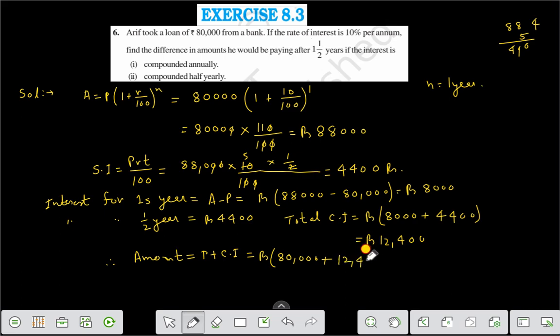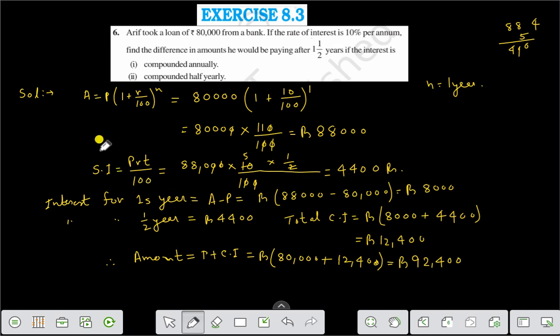If we add this, 80,000 plus 12,400, we are getting rupees 92,400. This is the amount.